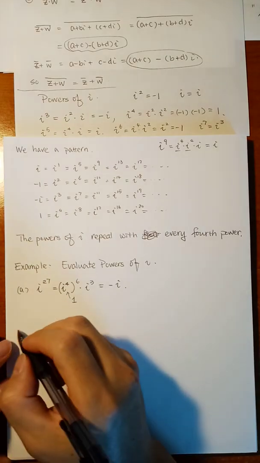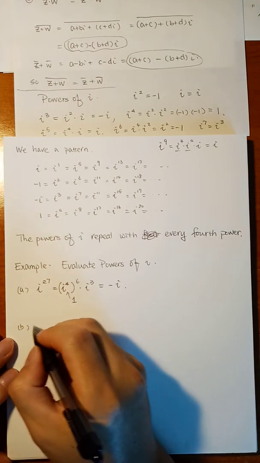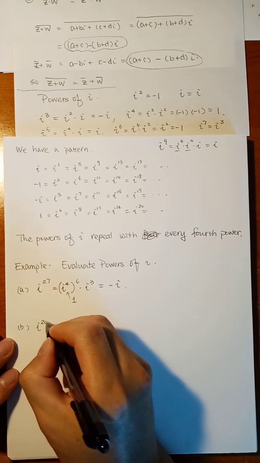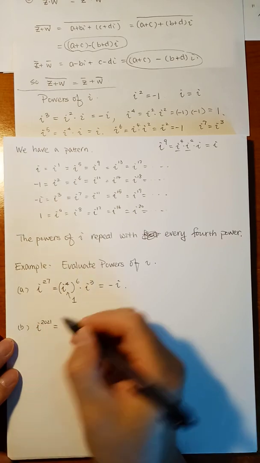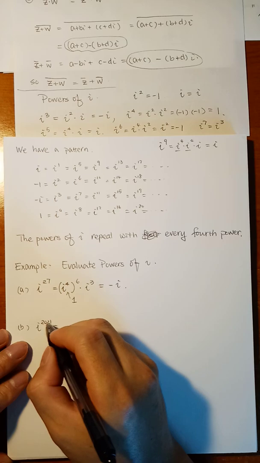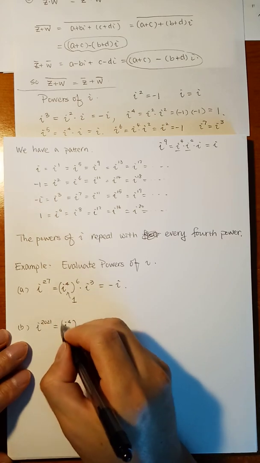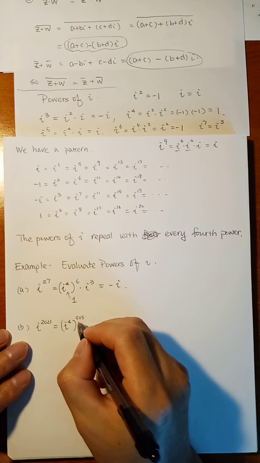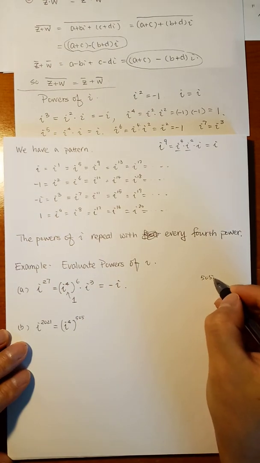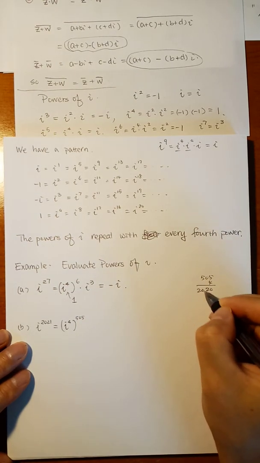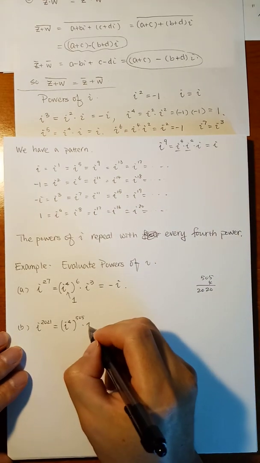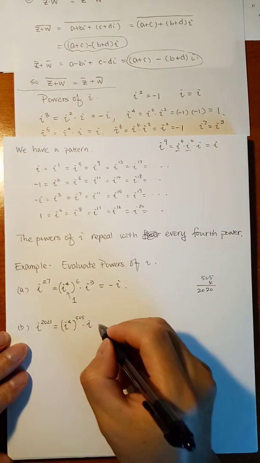And part b, well, this year is 2021. Let's try 2021. We need the fourth power, so i to 4. Let's try 505. 505 times 4 is 2020. So we miss 1 copy.